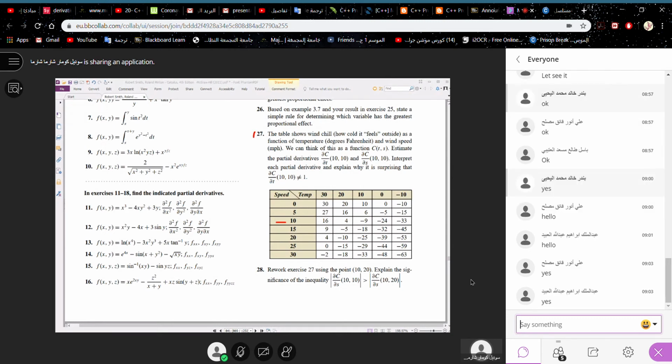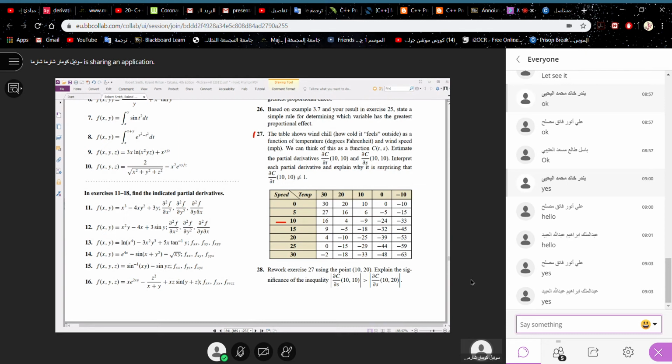Estimate the partial derivatives del C upon del T at the tangent and del C upon del S at the tangent.